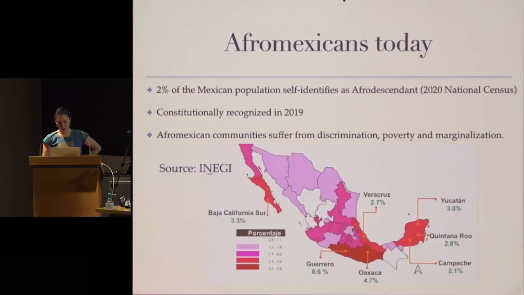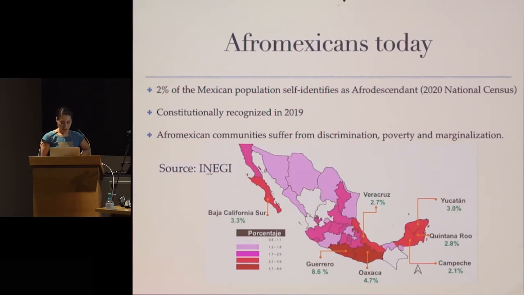Thanks to this census, we know that precisely populations from Guerrero and its neighboring state in Oaxaca have one of the highest percentages of people who self-identify as Afro-descendant. And another place that pops up is Veracruz. If you remember from that plot from Andres Moreno's paper, he also had higher green values in Veracruz.